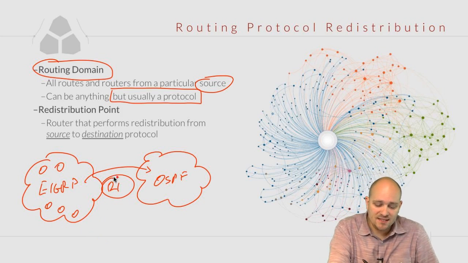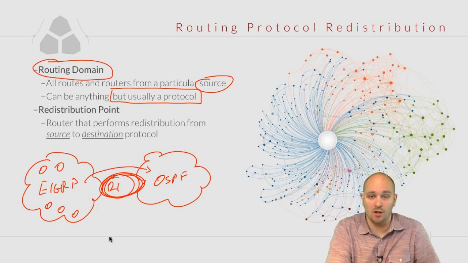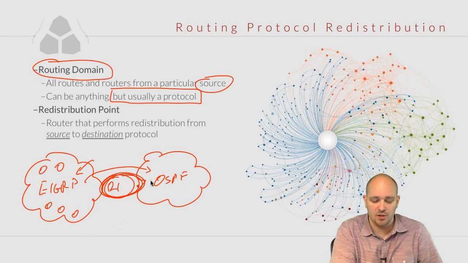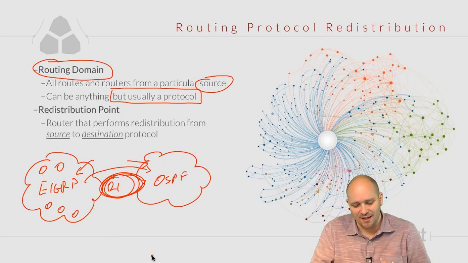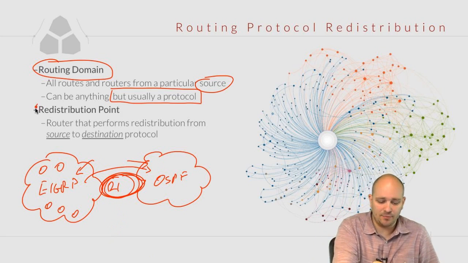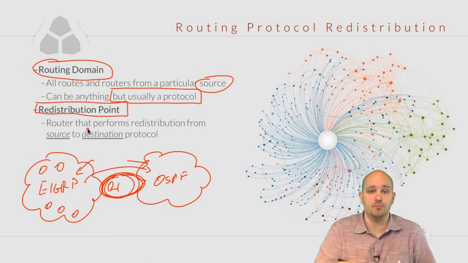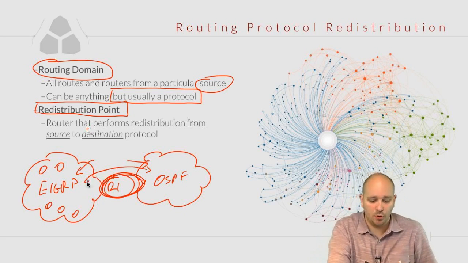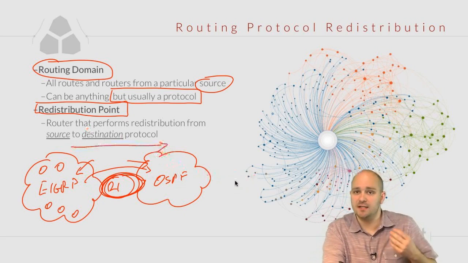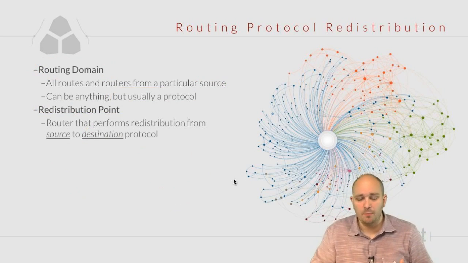Similarly, this redistribution router R1 that is obviously running both EIGRP and OSPF is, in redistribution terms, a little bit special. This is something that we can call a redistribution point. A redistribution point is simply a router that runs both the source and destination protocol and that is performing a redistribution of routes between them.